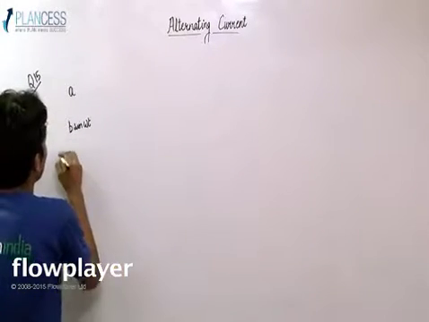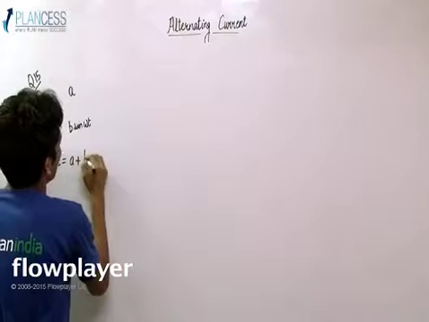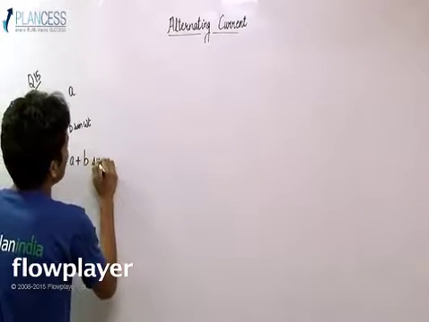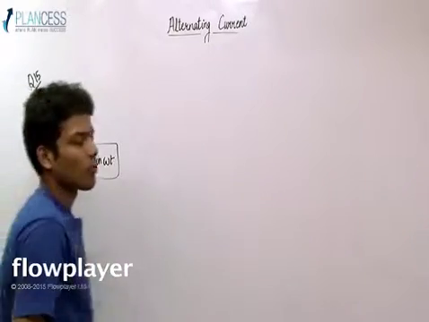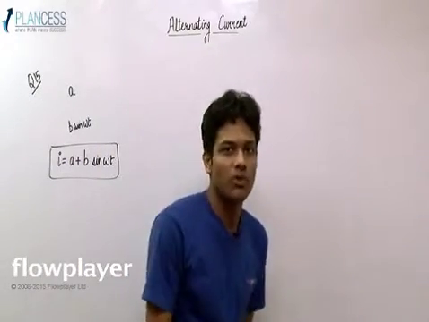So current A, since it is superimposed, the final current would come out to be A plus B sine omega t. This would be the final formula after the superimposition.